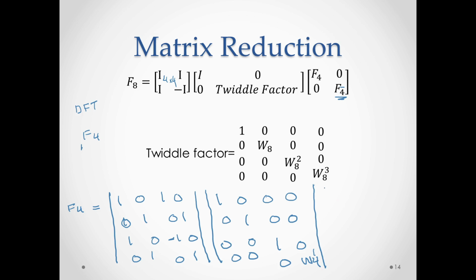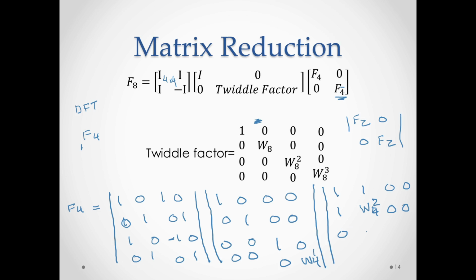Now this matrix would look like F2 0 0 F2. For F2, we represent it as 1 1 1, and our next term would be W4 2, then 0 0 0 0.